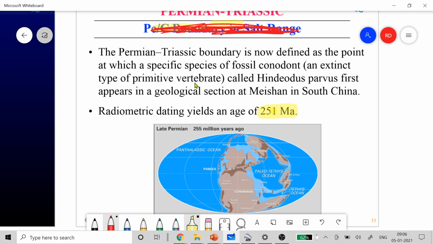Now you may ask, why don't we always radio-date those boundaries? Radiometric dating is not a straightforward technique, as you know. For example, when we studied uranium-lead dating, or rubidium-strontium, or even argon, there is a concept which we call closure temperature.